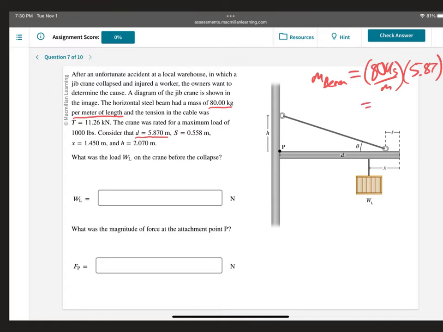And that's going to give us our total mass of the beam. Now, I'm sure your numbers are different than the ones that were given to me, but that's how you find the mass of the beam. All right, that's important.